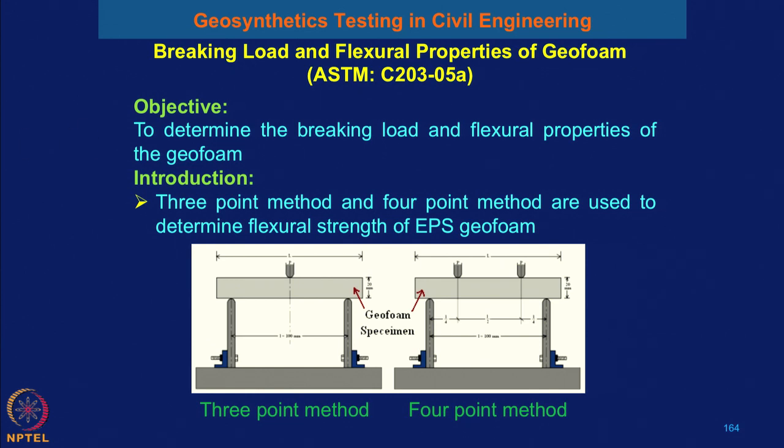So, here I am showing the 3-point method. You see here this is the geofoam specimen under the 3-point method, and you are applying the load at the middle of the EPS geofoam, and it is supported by this.